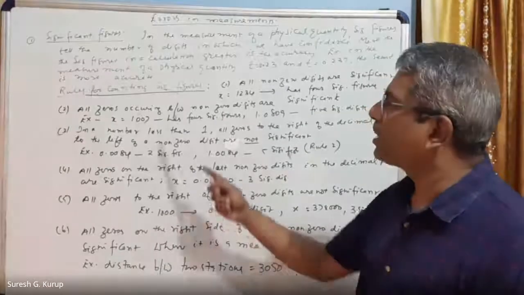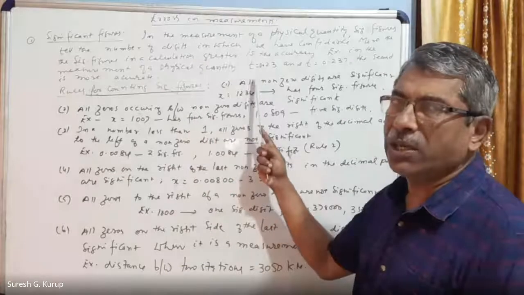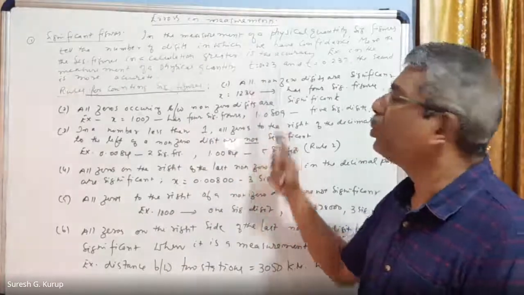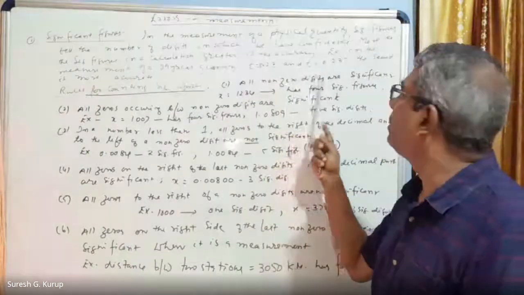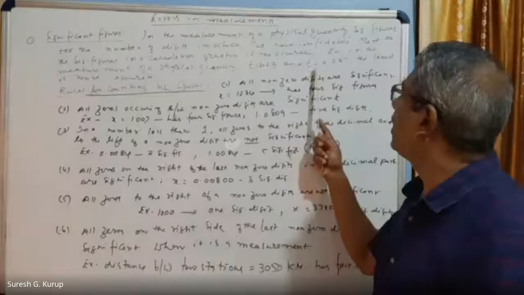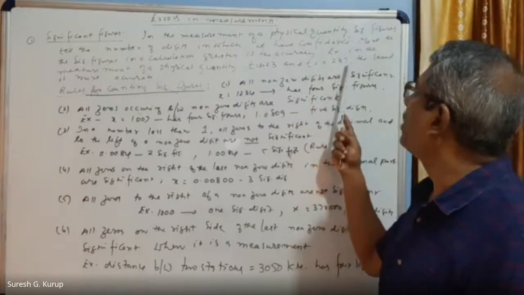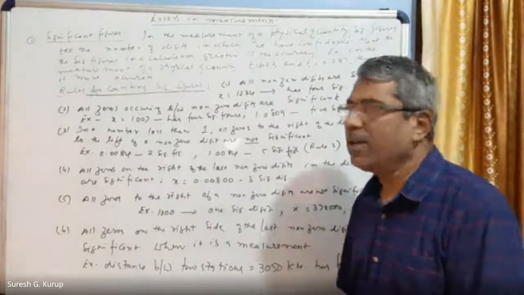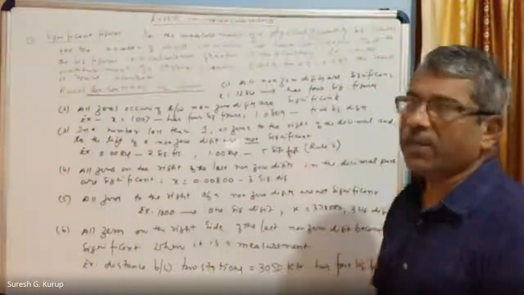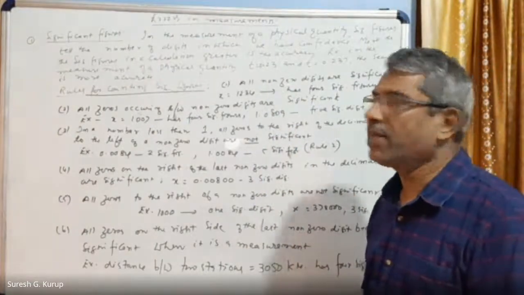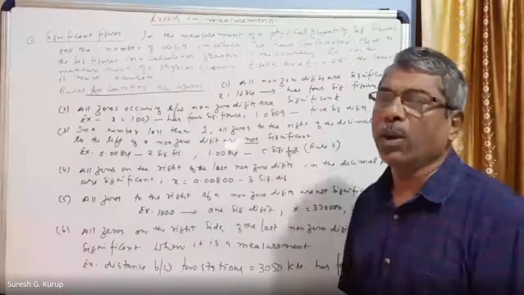For example, the measurement of a physical quantity is written T is equal to 0.23. And the same physical quantity measured some other way gives T is equal to 0.237. In the first, two significant digits are there. In the second, three significant digits are there. So we can say that the second calculation is more accurate.